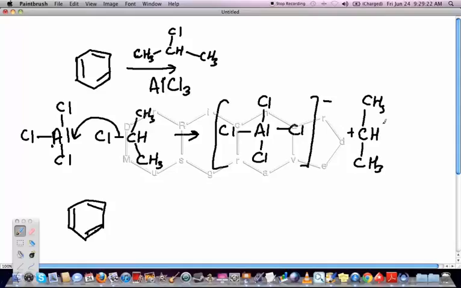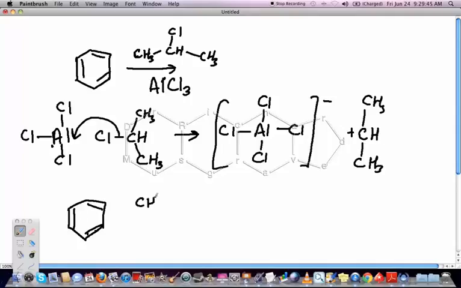So the only possibility is reaction with this carbocation. In a little bit, I will give you an example of a process where we do end up seeing a carbocation rearrangement, but that's only because a more stable carbocation was possible in those instances. Here, this will be the only one.